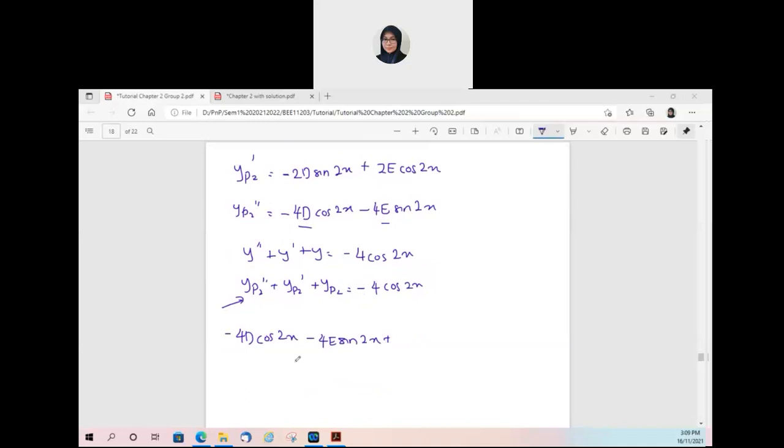Then this one plus YP2 prime yang ini. Plus negative 2D, then this one will be minus.